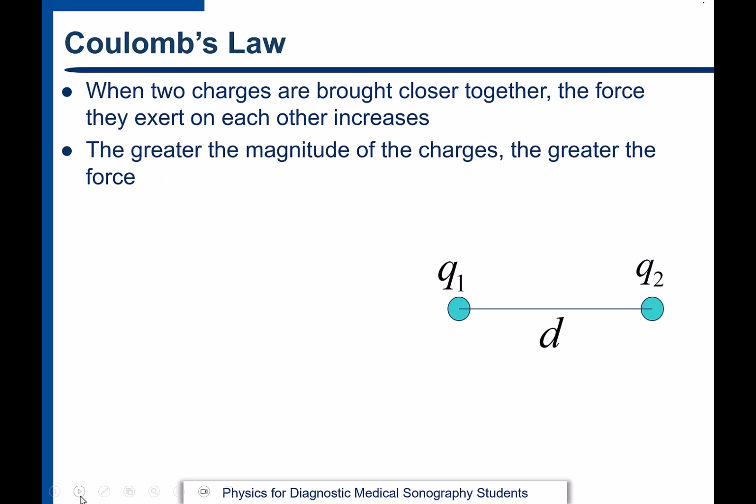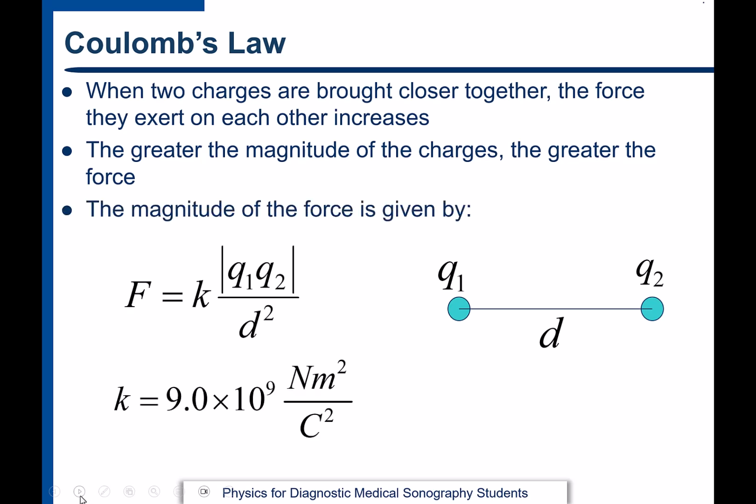Let's take a look at Coulomb's law, which is going to help us answer that previous question. When two charges are brought closer together, the force they exert on each other increases. So the closer those charges get, the greater the forces are. Also, if we make the charges bigger, the forces will increase as well. Well, Coulomb's law tells us that the force is given by this formula.